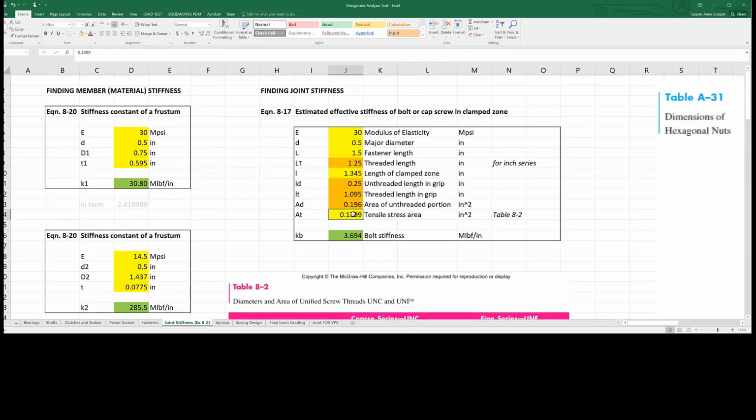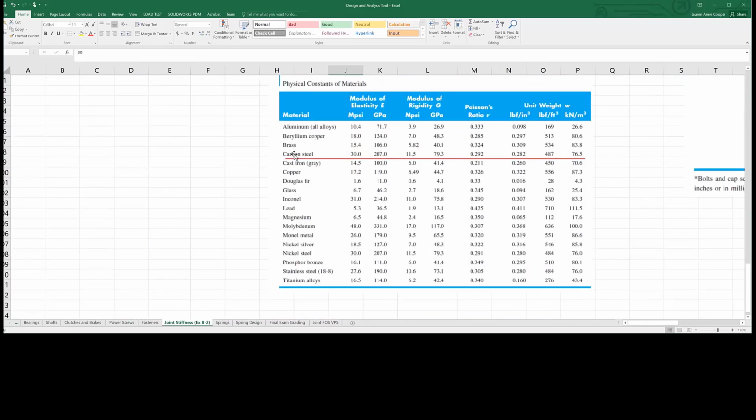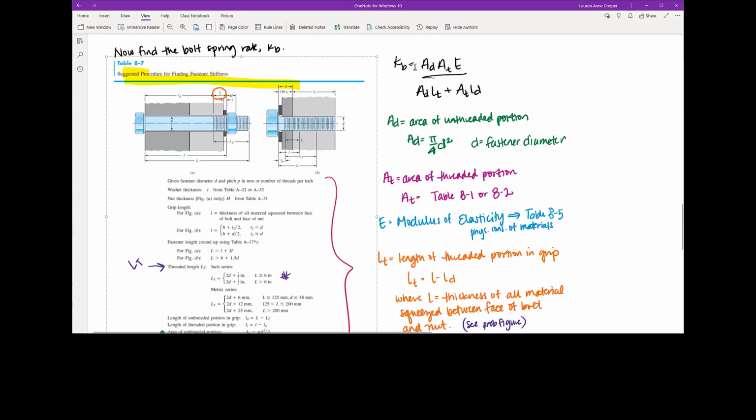So that's an input here, 0.1599. E, modulus of elasticity, is 30 MPSI. And again, the table for that is 8.5. Carbon steel, modulus of elasticity E, 30 MPSI. Okay, so that takes care of the numerator and some of the denominator.